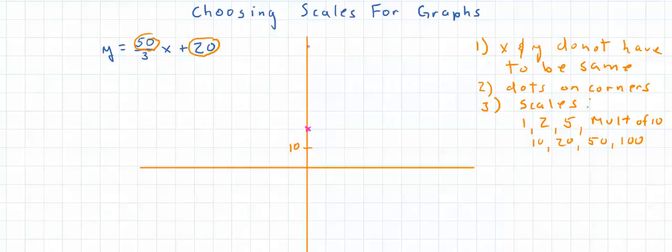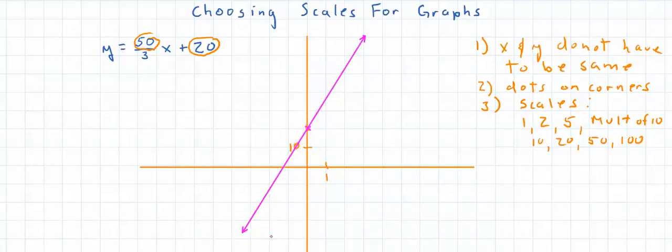And I go over 3. So my scale that makes sense on this axis is a 1. So up 10, 20, 30, 40, 50, over 1, 2, 3. My dot goes here, and now I can graph my line. My line goes like that. All right, let's look at a second example.